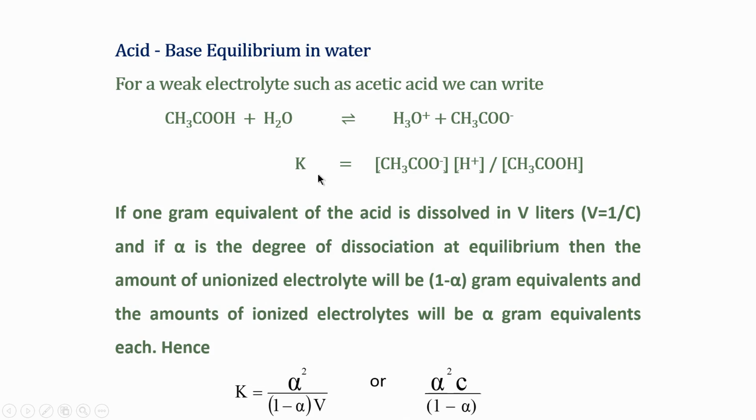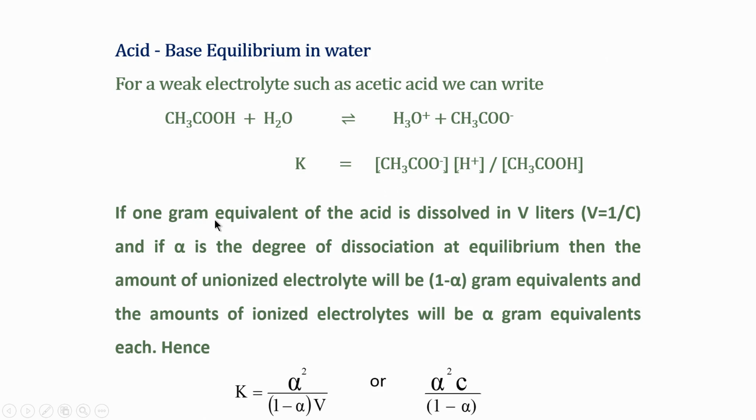I can write K is equal to concentration of CH3COO minus into H plus divided by CH3COOH. Actually, you should notice that I should write H3O plus here, and I should write activity instead of concentration, but we assume that these are all weak acids.